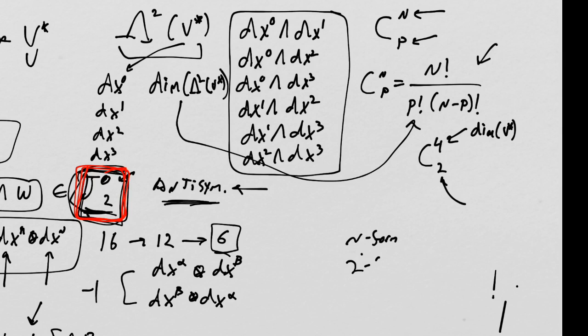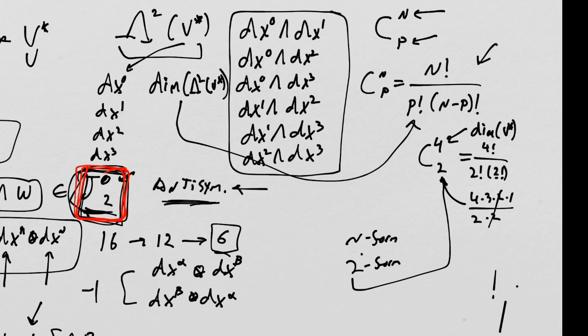So in this case we're talking about 2 forms, so that 2 is what lands here on the bottom. And that is going to be 4 factorial over 2 factorial times 4 minus 2 factorial, which is 4 times 3 times 2 times 1 divided by 2 divided by 2. That cancels and leaves a 2, and you end up with 6. So that is why there are 6 vectors, a dimensionality of 6, in this second exterior power.